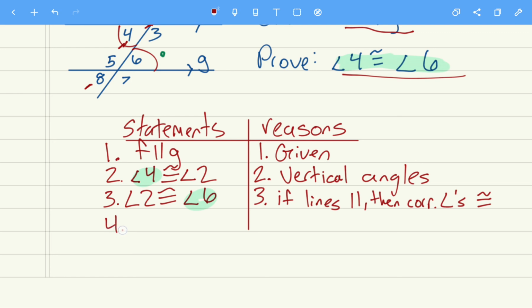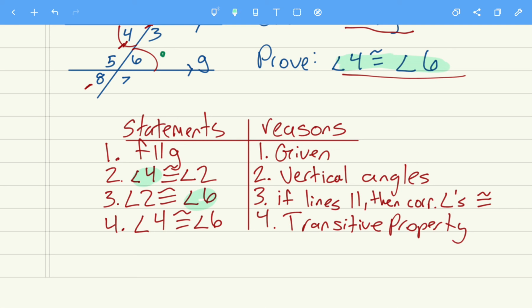So we can use our transitive property that we just covered. And we just proved our statement. So angle 4 is congruent with angle 6.